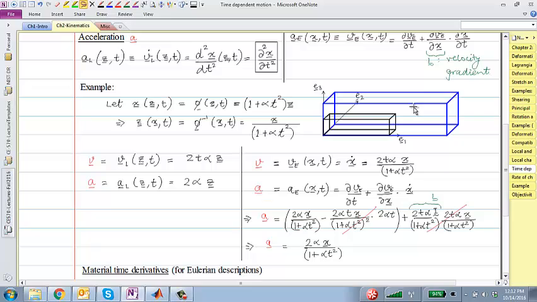So for example, if you sit out in space somewhere here, somewhere where that mouse cursor is, then you can imagine that as the body is expanding, material is flowing through that point, right?